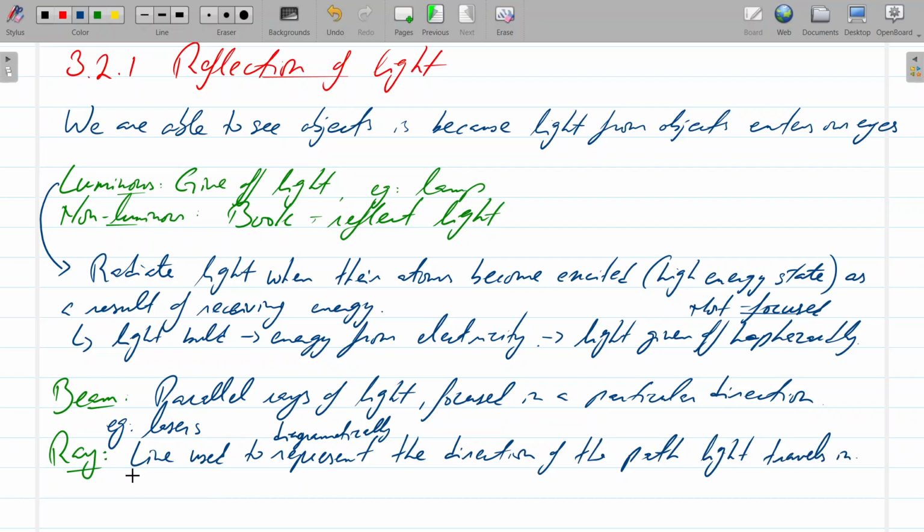Or actually, any wave, to show the direction in which the wave is traveling. You draw a line to show the direction of the movement, and this line is called a ray.